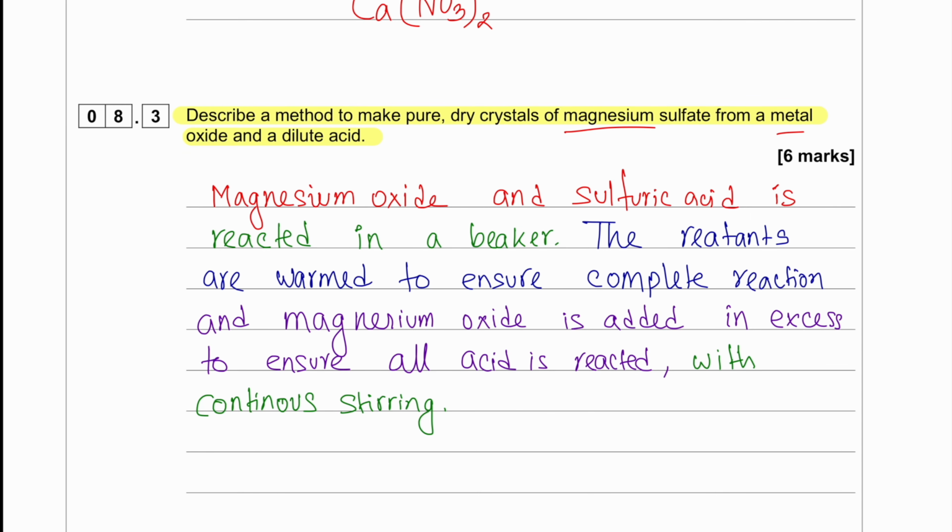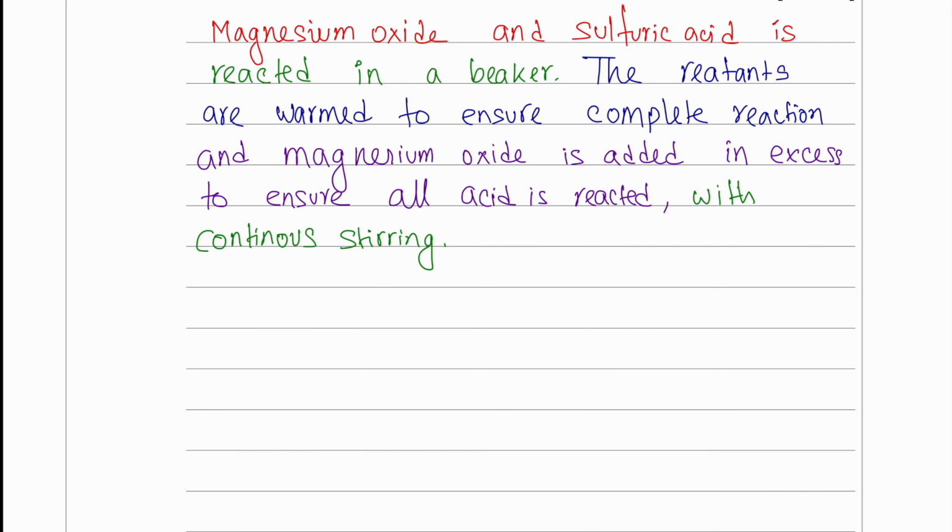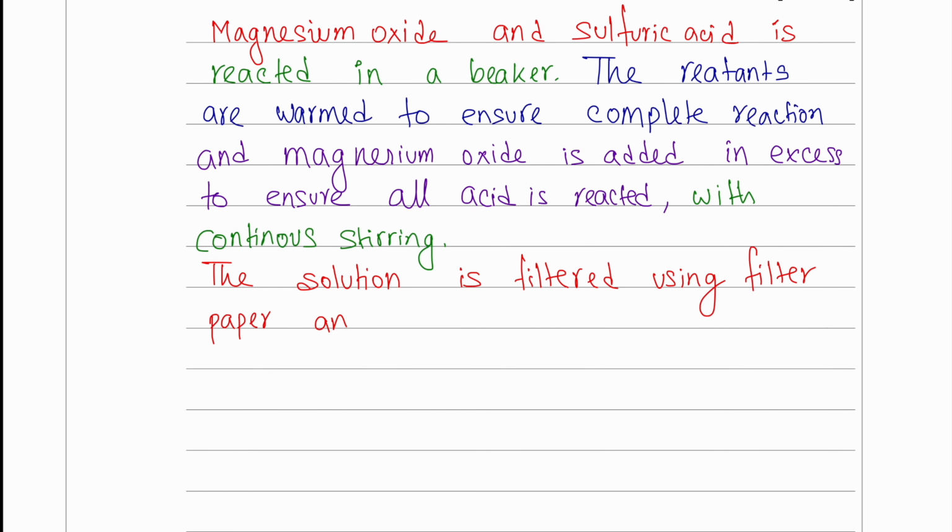All right, guys, stirring is needed because you want to make sure that they are mixing properly, reacting properly. Okay, the solution is filtered using filter paper and funnel to remove excess magnesium oxide. The solution is filtered using filter paper and funnel, all right, to remove the excess magnesium oxide.